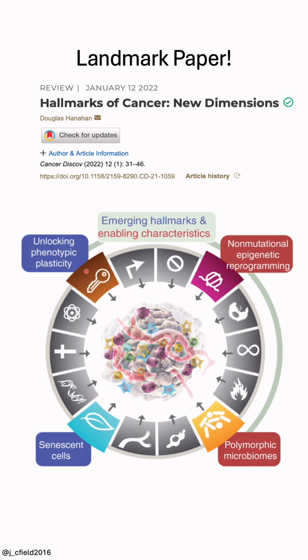We also have 2 new emerging hallmarks. These are, again, new characteristics that have strong evidence to support that cancer cells acquire these abilities in order to become cancerous. And there are 2 new enabling characteristics, in addition to tumor promoting inflammation and genomic instability.